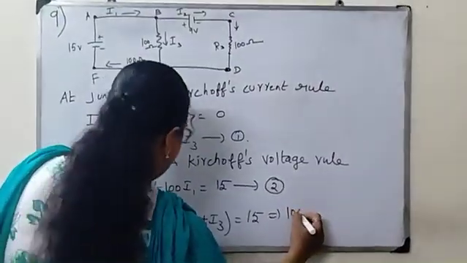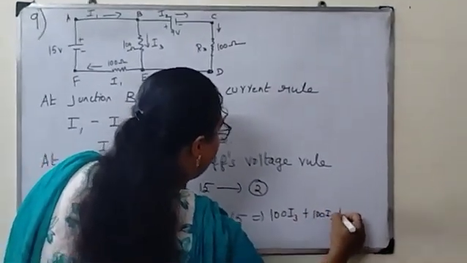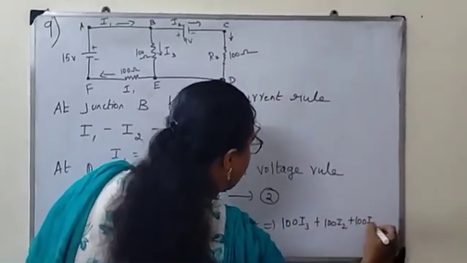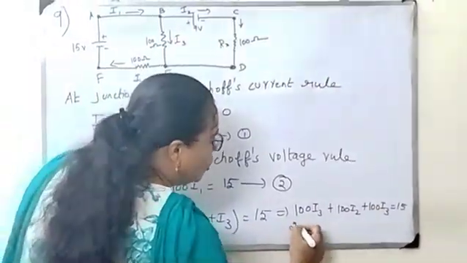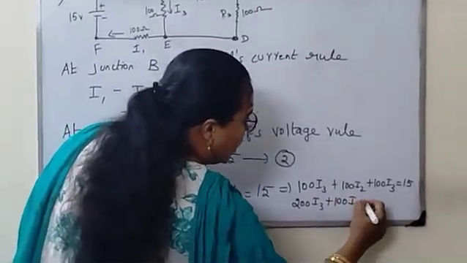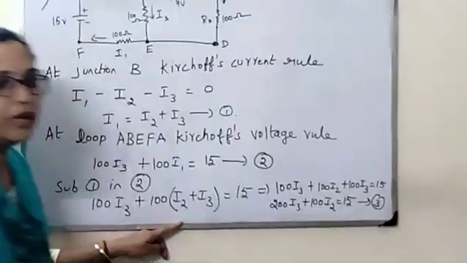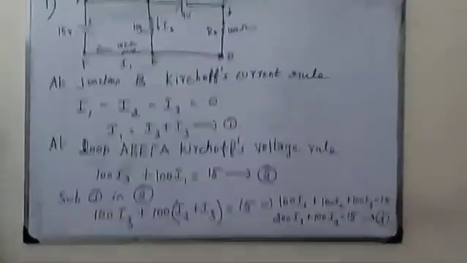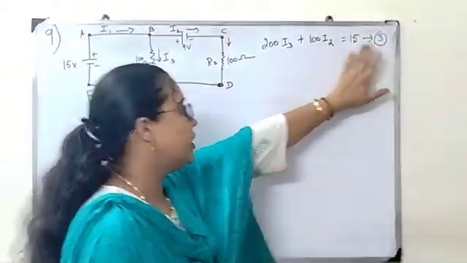So we will have 100 I3 plus 100 I2 plus 100 I3 equal to 15. So 100 I3 plus 100 I3 becomes 200 I3 plus 100 I2 equal to 15. So this one you can consider as equation number 3. Okay students, so we got the third equation like this.